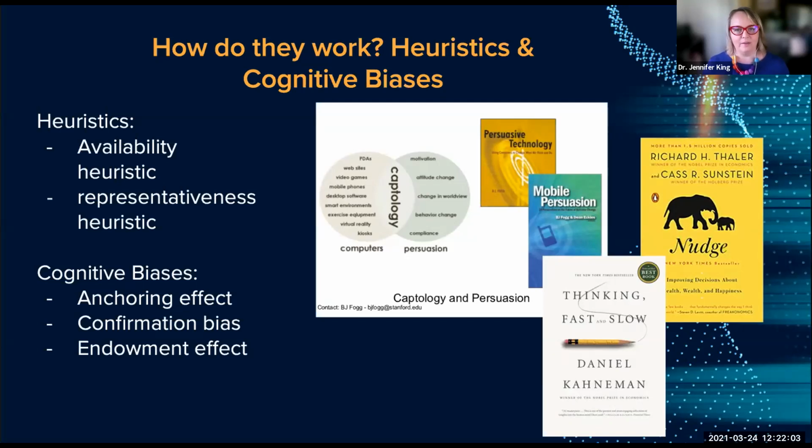Some of the ways we've seen them develop over the last 15 plus years really started with the work of B.J. Fogg, who is also at Stanford. He started the field of persuasive design, which he called captology, which is the study of how interactive computing products, computers, phones, websites, and so on, can be used to change attitudes or behaviors.